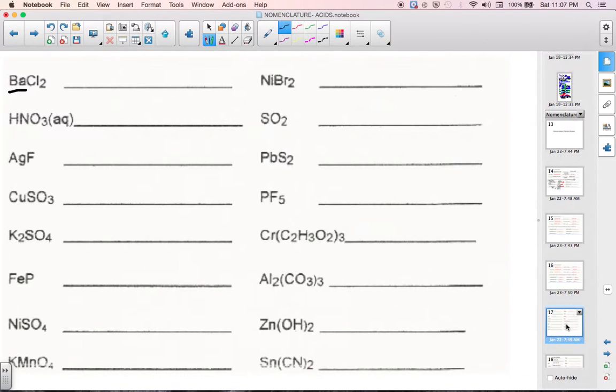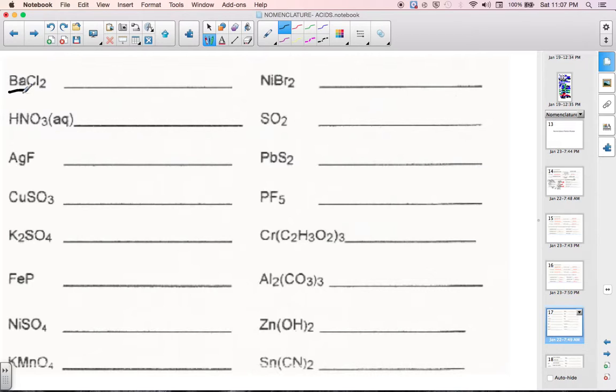Now let's try naming different types of compounds here. We have to keep into consideration that you have a mixture of ionic, covalent, and acids. So keep in mind you have to look at the first element, barium. Is barium a metal or a nonmetal?